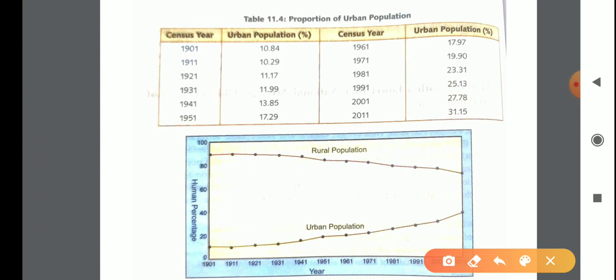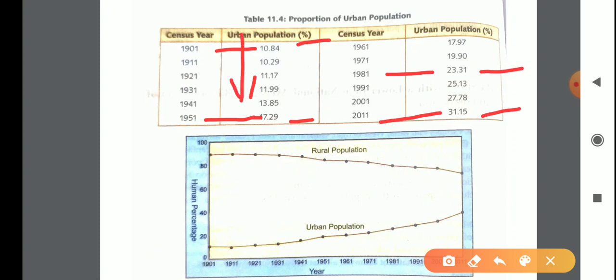In 1901, merely 10% people were living in the urban areas, which increased to 17% in 1951. In 1981 it is 23%, and right now it is 31.15% people living in urban areas. So we can see that the urban population is increasing day by day.